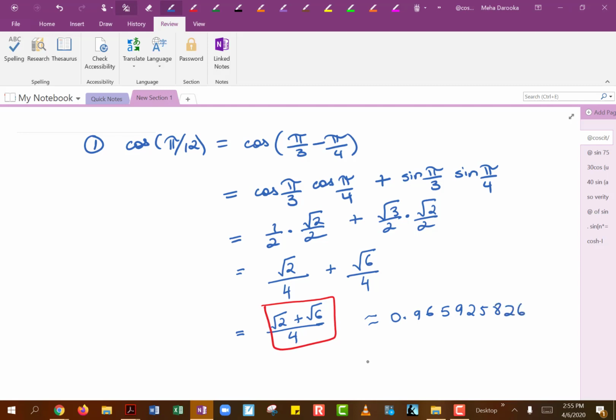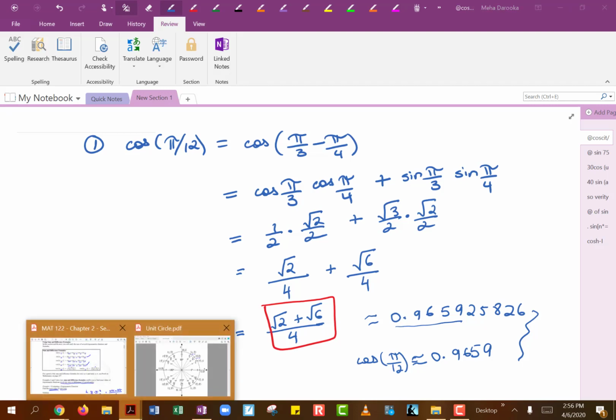And then if you just typed cosine of pi over 12 in your calculator, it also comes out to be the exact same thing, so rounded to 4 decimal places, it ends up becoming 0.9659. So you can see, even with decimal approximations, we can check your answer, but remember, this is just for checking. The square root of 2 plus square root of 6, the whole thing divided by 4, that's your exact answer, the one I have here in the red box. So that's what they are asking us to find. Okay?